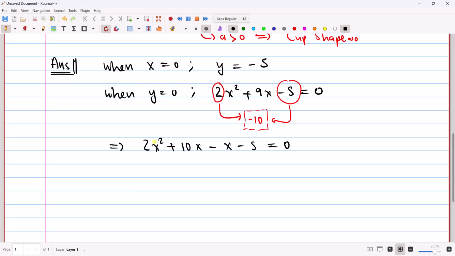And I know that every time I have this, I try factorization by grouping. So I look at the common factor for the first two terms, and I see that 2x is common. When I pull out 2x, what remains here is just x plus 5. Then here I see negative 1 is common, so I pull out a negative 1 and I get x plus 5, equals 0.